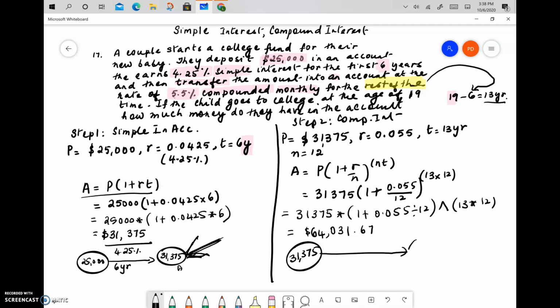We leave it in this account for 13 years at an interest rate of 5.5% compounded monthly, and at the end we collect $64,031.67. That's the amount we collect after 13 years. But notice that this is a two-step process. We started off with $25,000, and at the end of 19 years, we have $64,031.67.